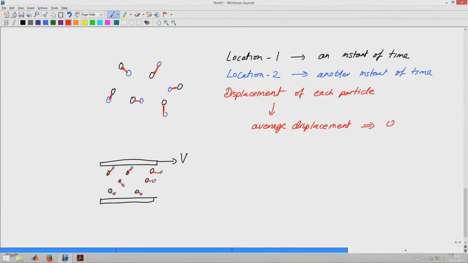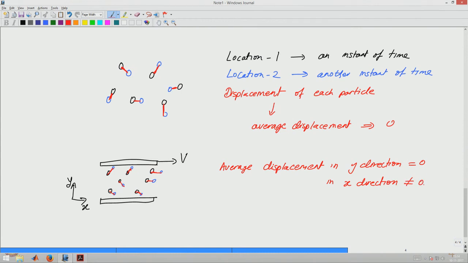So, in all cases, if you try to resolve the displacement in y direction and displacement in x direction, what we will see is that the average displacement in y direction will be 0 and the average displacement in x direction will not be 0.